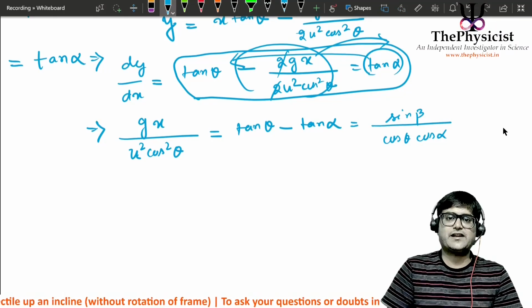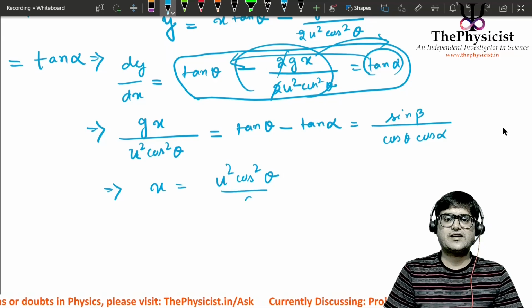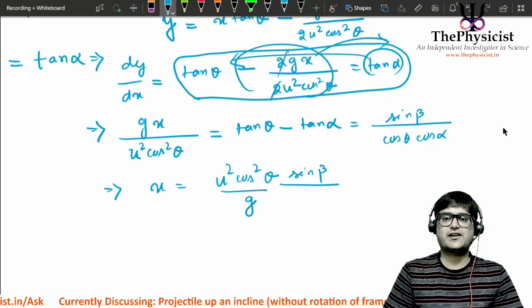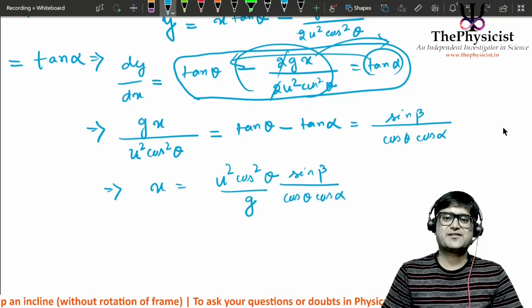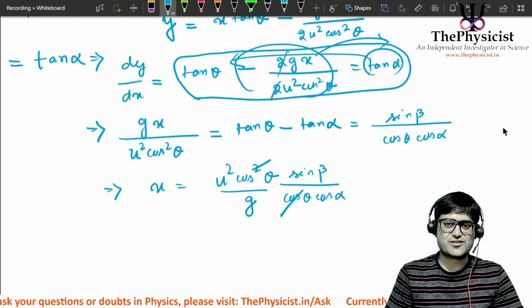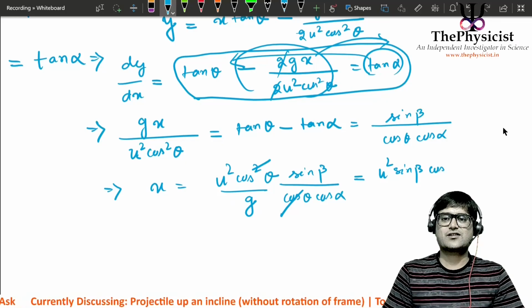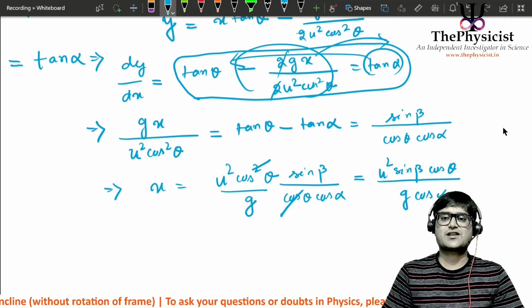Now x will be u squared cos squared theta divided by g into sine beta divided by cos theta cos alpha. Cos theta will cancel one part of cos squared theta. Now we are ready: u squared sine beta cos theta, divided by g cos alpha.